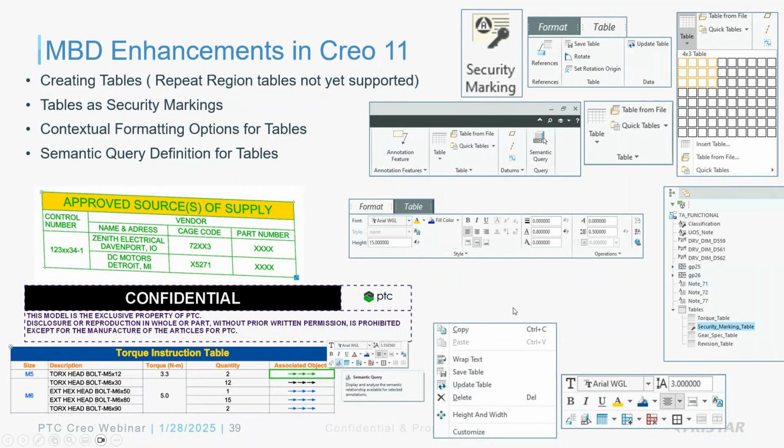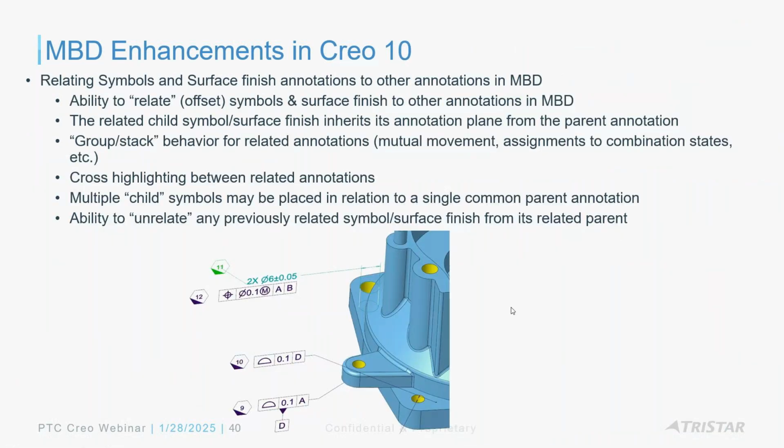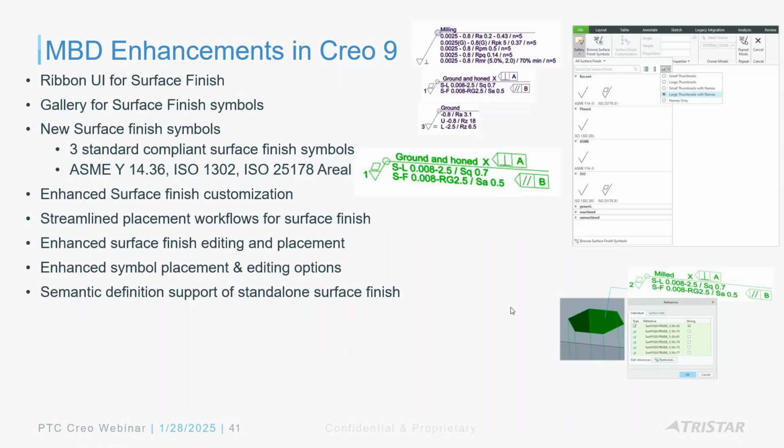The enhancements in Creo 11 were focused on these areas. In Creo 10, the ability to relate a symbol or a surface finish to other annotations was introduced, right? And the ribbon UI customizations, like in the 2D drawing, many of you may have seen that. And the standards, right? They're conforming to the latest ASME and ISO standards.